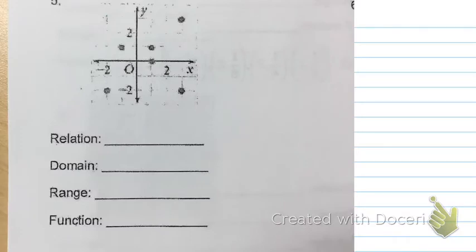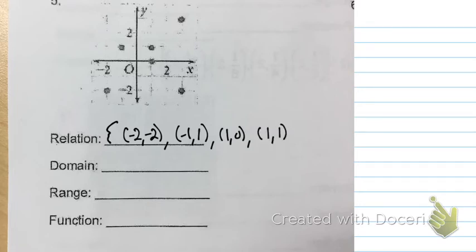The first thing number 5 asks for is, what is the relation? So the relation is just going to be our ordered pairs. So I got -2, -2; -1, 1; 1, 0; 1, 1; 3, 3; and now I've got 3, -2.